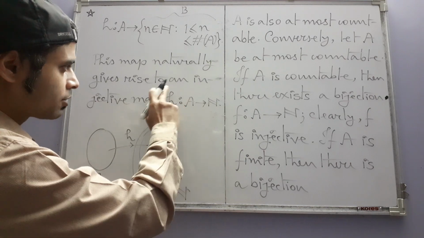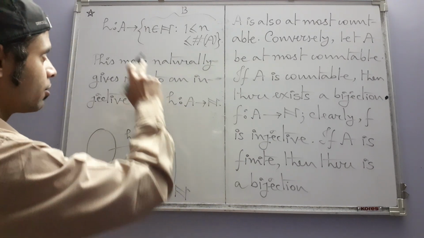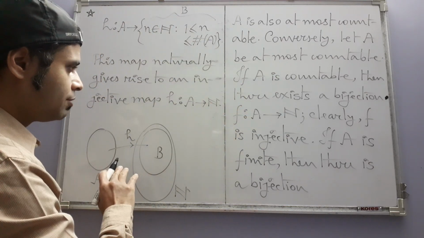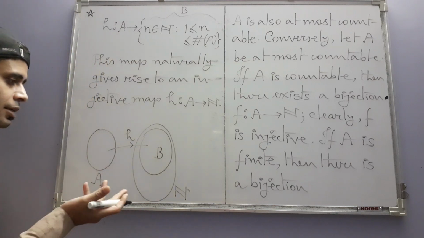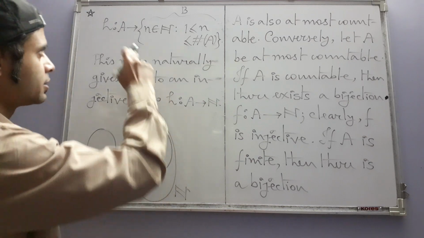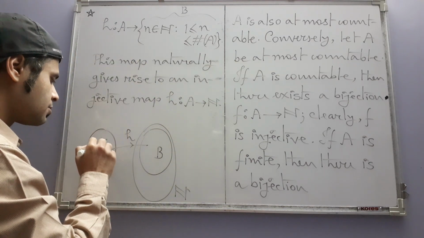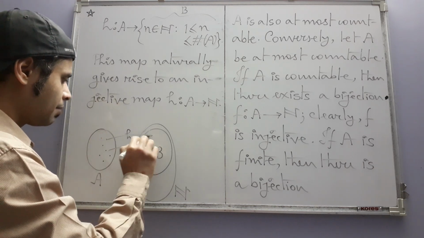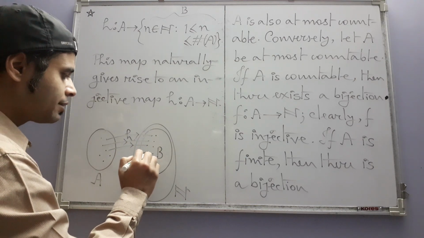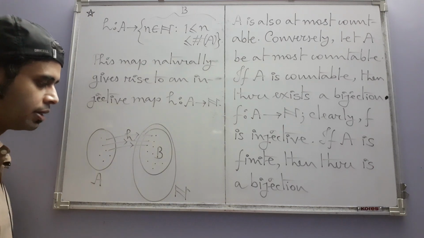Strictly speaking, we should not call this map h because it is really not this h. The ranges are different, but everything else is the same. We are not changing the rule of the function h. Whatever elements of A are being mapped onto whatever elements of B, that still continues to be like that, but we have just simply changed the range to N.